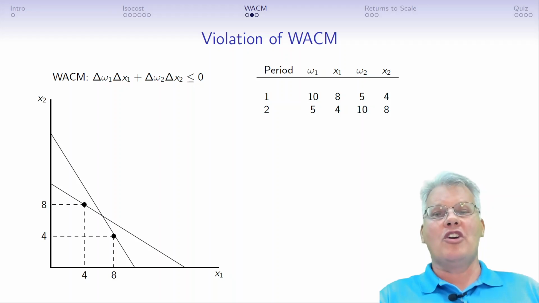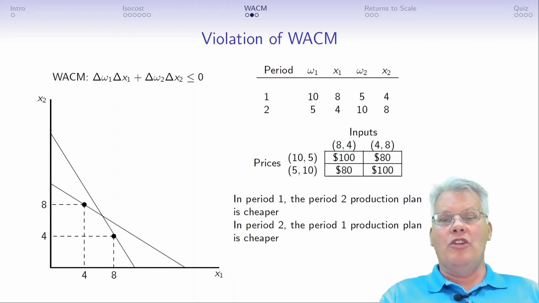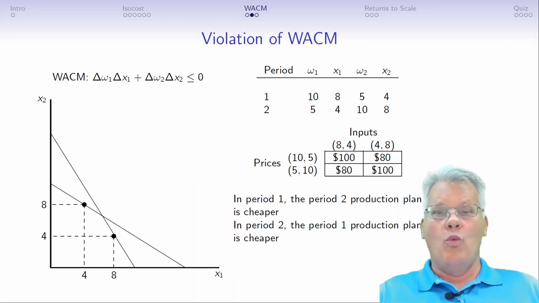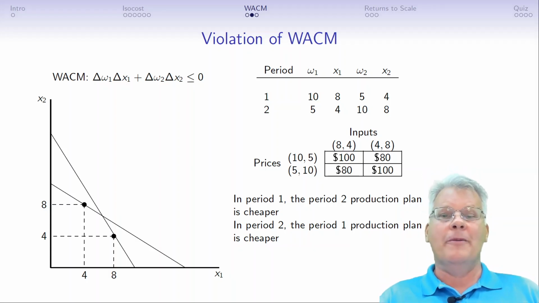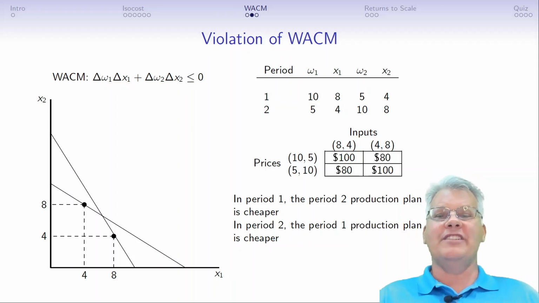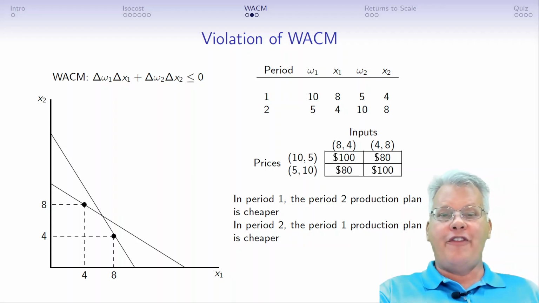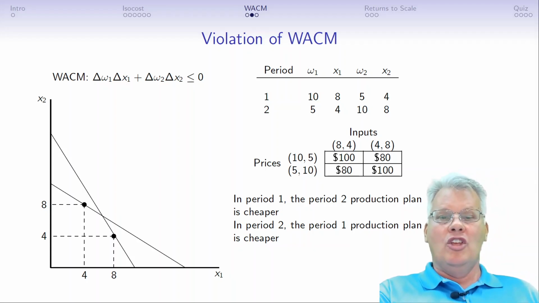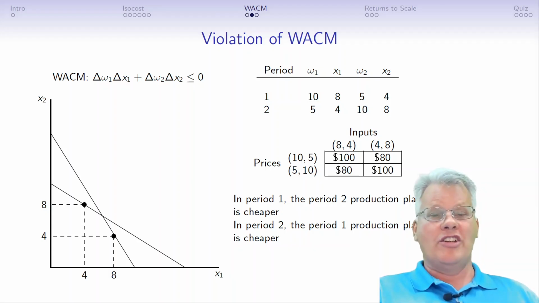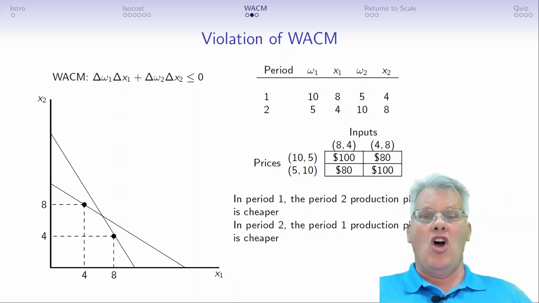So here we have the numerical values in the table, and we could combine them together in a matrix much like we did with WARP back in the theory of the consumer. So we have prices on the rows, we have input levels in the columns, and you'll notice that the first input bundle costs $100 when it was chosen, but the second input bundle, which is also technologically feasible, would have cost $80.